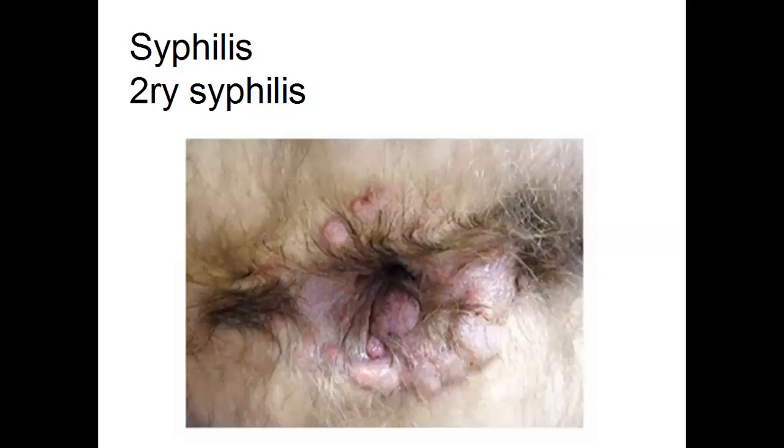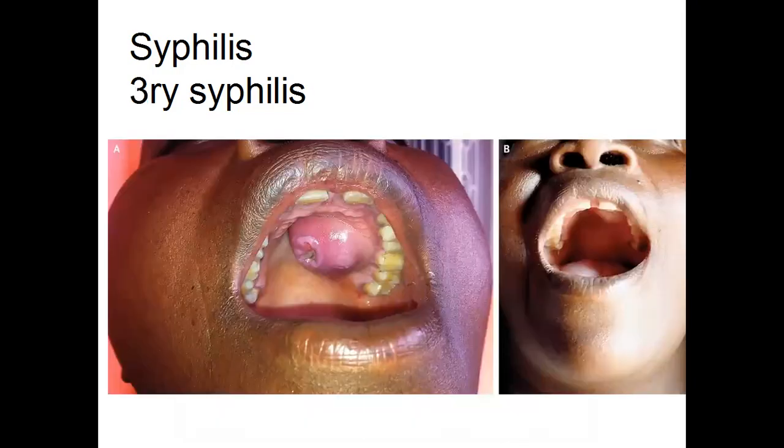For tertiary syphilis, what is in our scope is benign tertiary syphilis, or gumma. Gumma is a hypersensitivity reaction, it's unknown why it happens, due to the minute amounts of syphilitic antigens present.